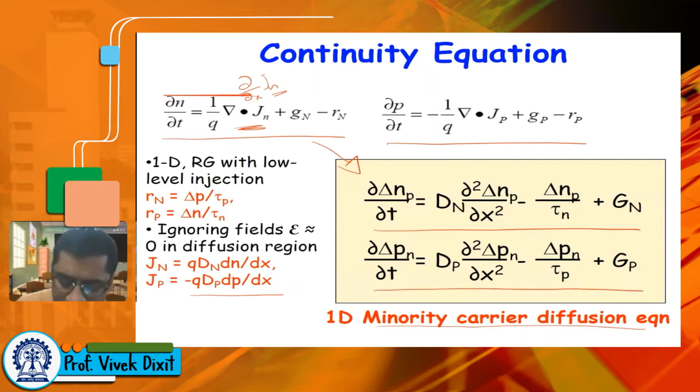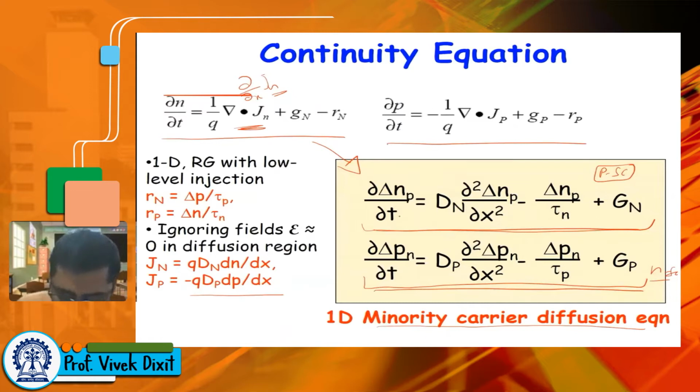So the first one is the minority carrier diffusion equation for electrons, right? These are the electrons in p-type semiconductor, where electrons are minority carriers. So your diffusion equation for electrons will look something like this. And the second equation is the diffusion equation for holes in n-type semiconductor or silicon, right?